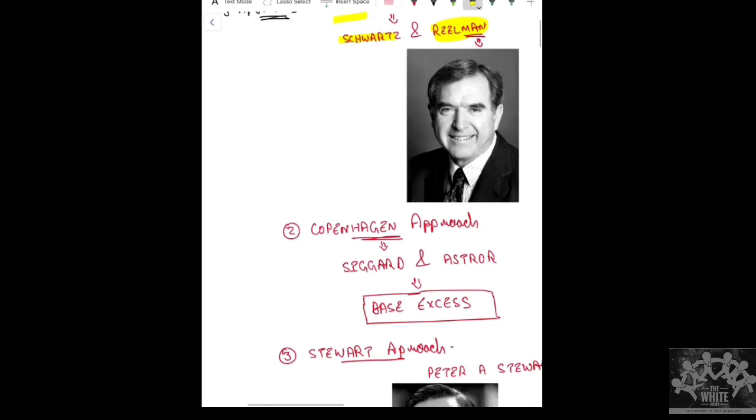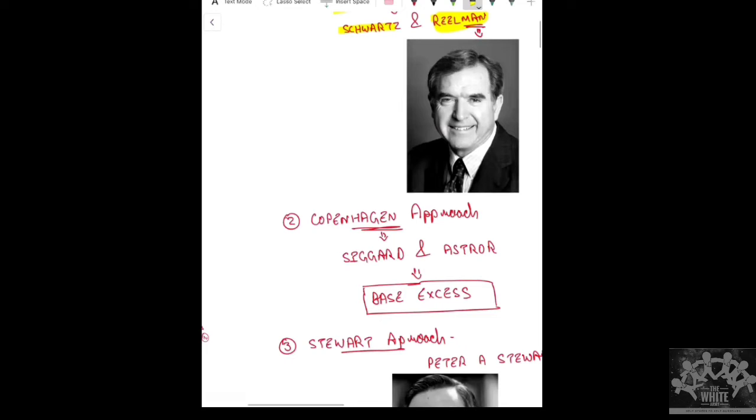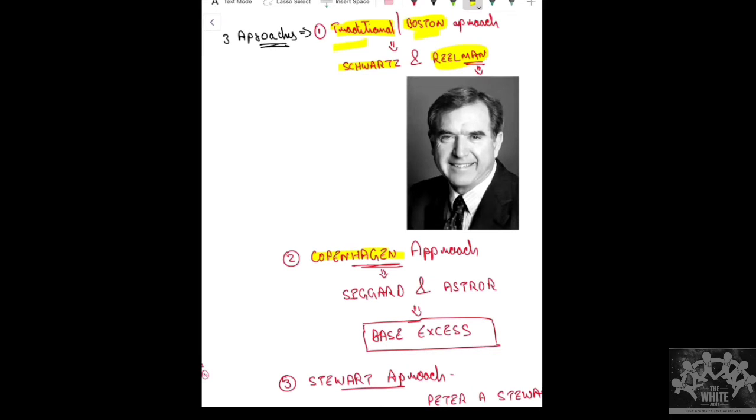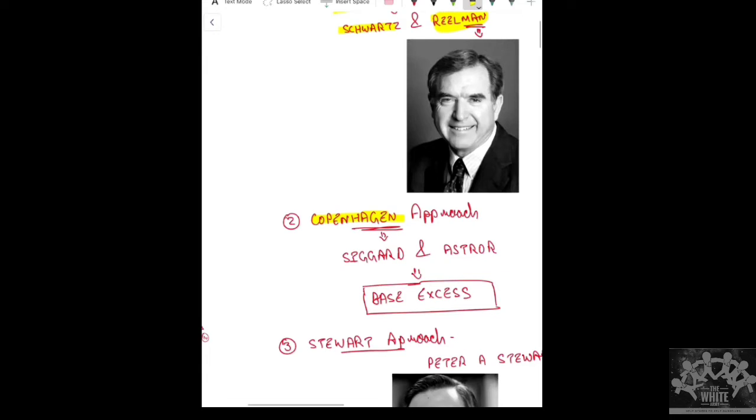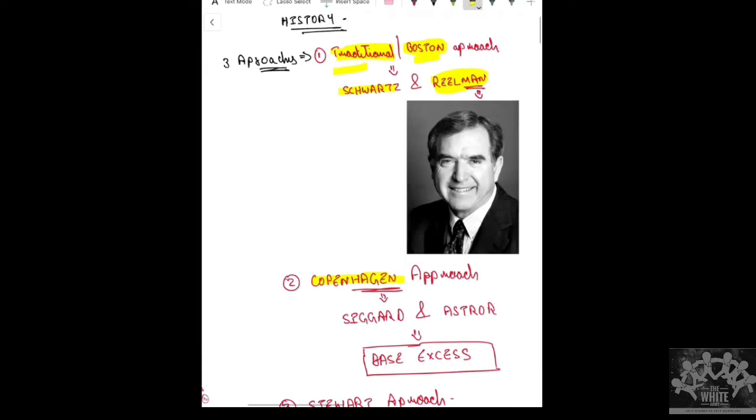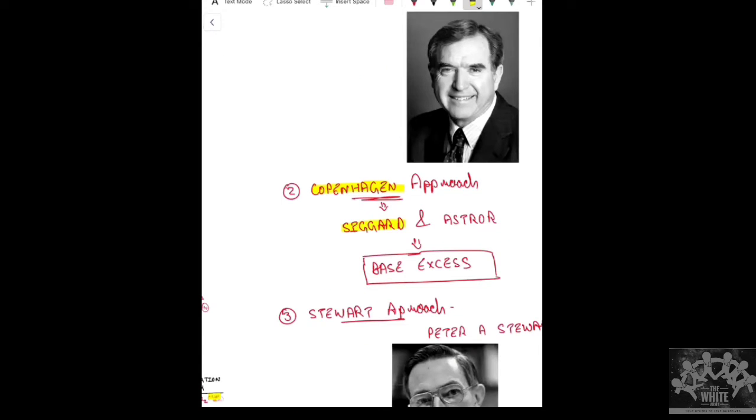Then there is one more approach, called the Copenhagen approach. These two came at the same time, around the 1960s, and each of them debated with the other, claiming to be superior. But both approaches give almost similar values. The Copenhagen approach was given by Siggaard-Andersen and Astrup.